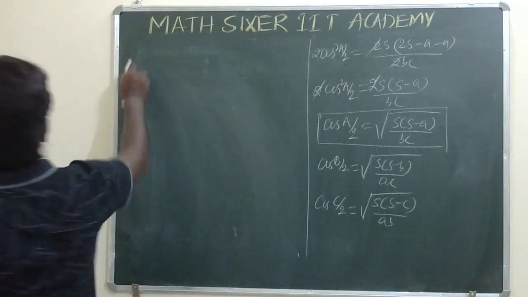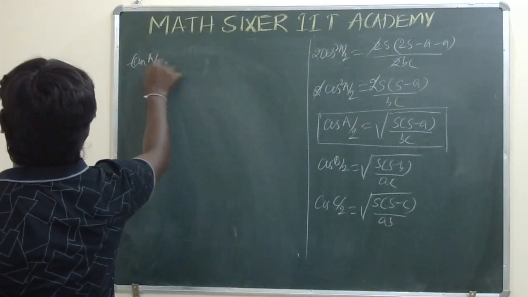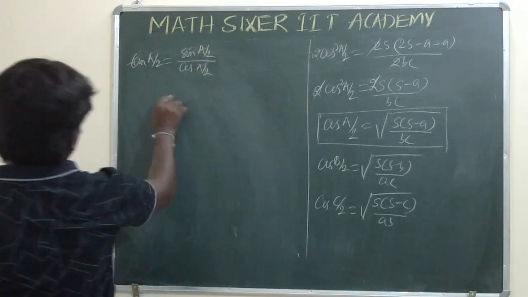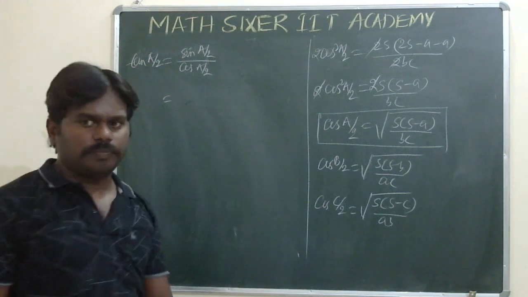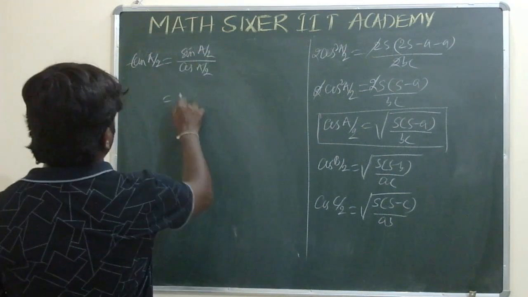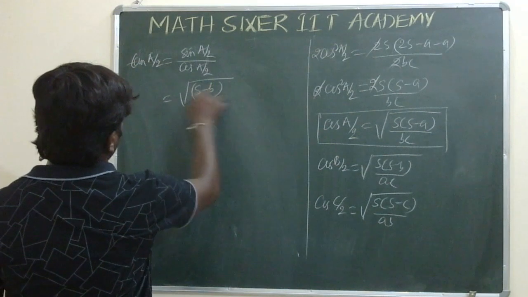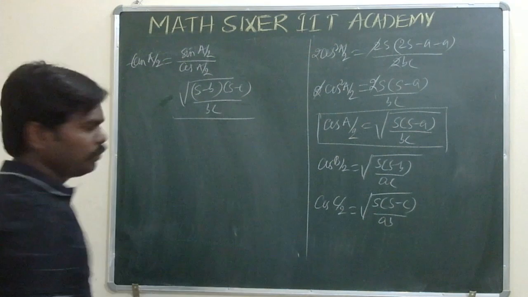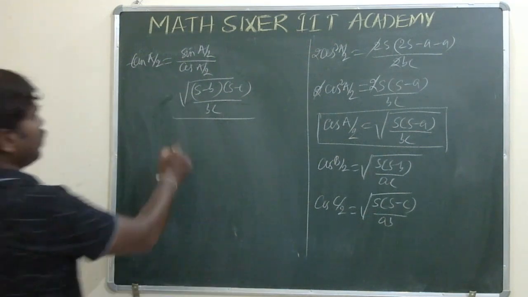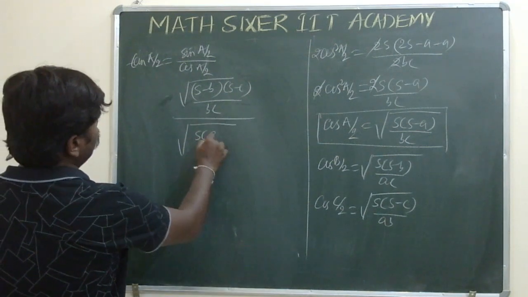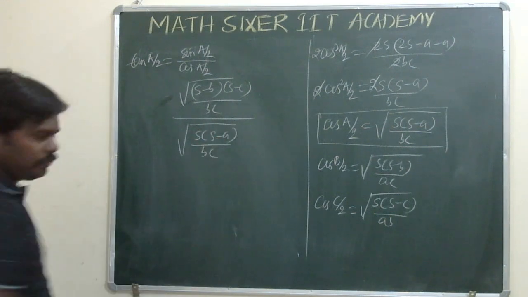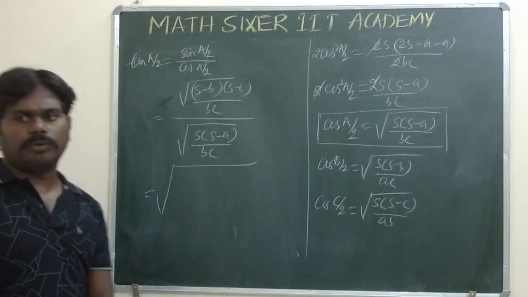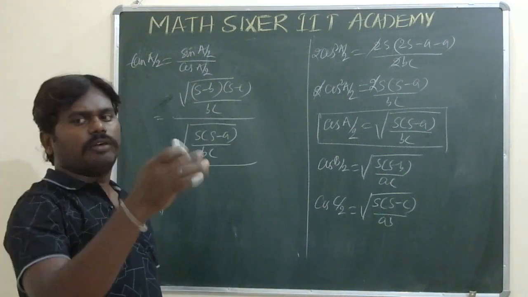So tan a by 2 means here what? Tan a by 2 is equal to the ratio of the sine and also cos. Okay, so sine a by 2 divided by cos a by 2. So here sine a by 2 means here square root of s minus b into s minus c by bc is sine a by 2. Now cos a by 2 means what we have, means here square root of s into s minus a by bc. Now here root a into root a divided by root b is equal to what? Square root of a by b.